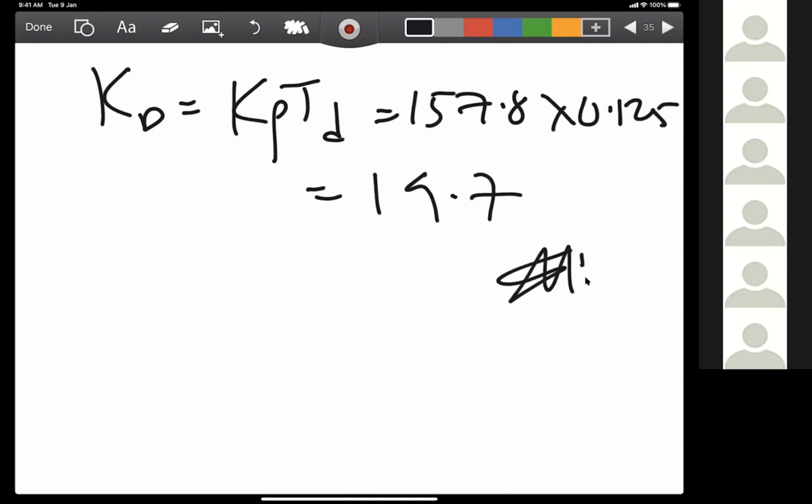Okay, so that is the PID Ziegler-Nichols sample question for PID tuning.